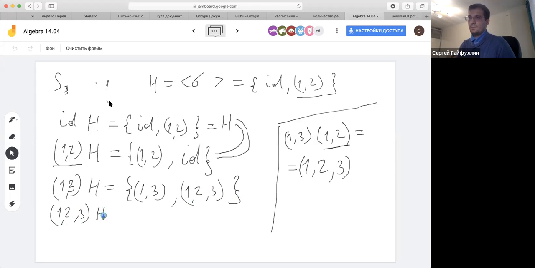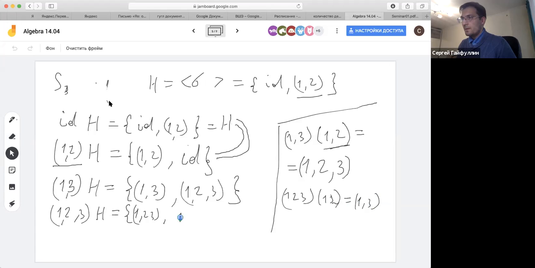When I have 1, 2, 3 multiplied by H, I obtain 1, 2, 3, of course. And then I need 1, 2, 3 multiplied by 1, 2. Here it is. It's easy to see that I have 1, 3.